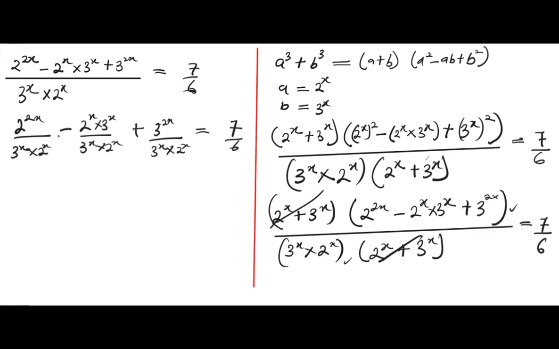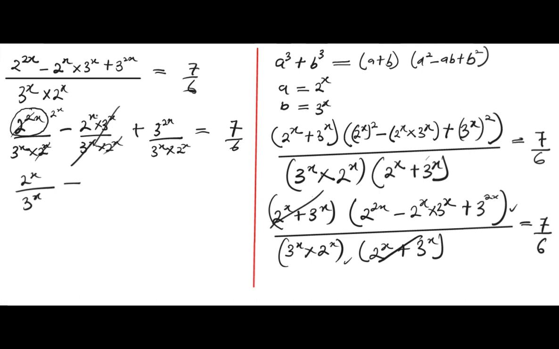So if you notice very well, here we have 2 raised to the power 2x, and here we have 2 raised to the power of x, okay? So one of these will cancel one of these, okay? So we're gonna have 2 raised to the power of x left here. So you're gonna have 2 raised to the power of x divided by 3 raised to the power of x minus, 3 raised to the power of x will cancel 3 raised to the power of x, and 2 raised to the power of x will cancel 2 raised to the power of x, okay?